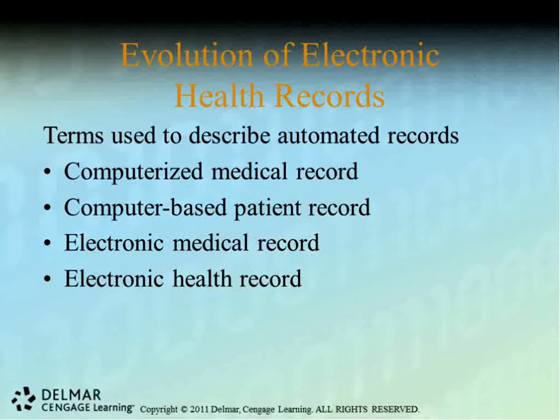They talked about functions like alerts and reminders in that computer-based patient record. According to that Institute of Medicine's report in 1991, some of the things that the electronic record should help with were the physician's access to that patient's information, a computerized order entry system, decision support systems, secure electronic communication, patient access to their information, computerized processes, standard-based electronic data storage, and reporting mechanisms.